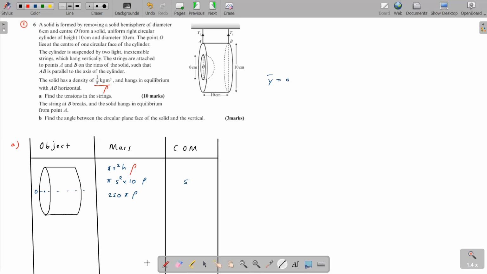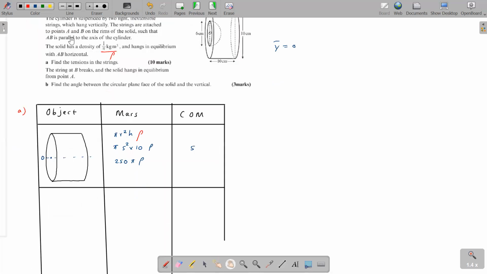Okay, and then let's go for the next one. The next object is the hemisphere you're removing, right, guys? The center is at O. So the volume is half of 4/3 pi r cube into rho.